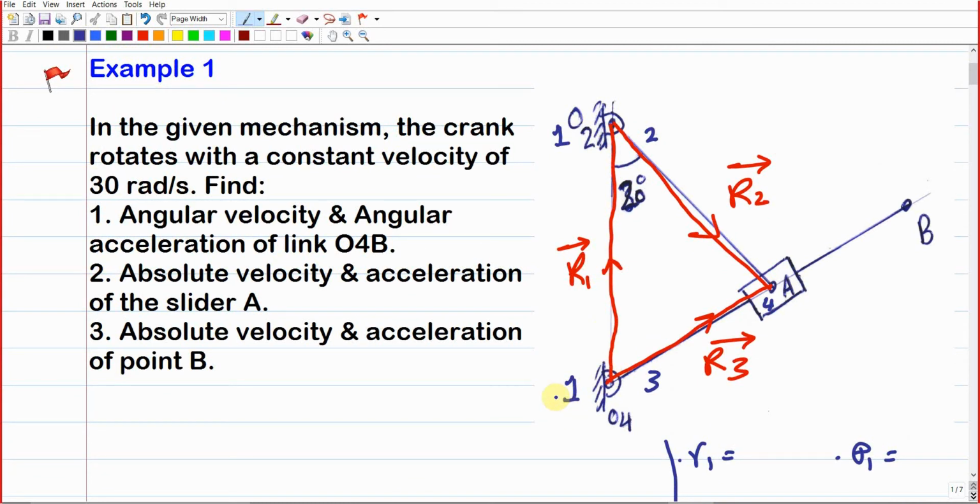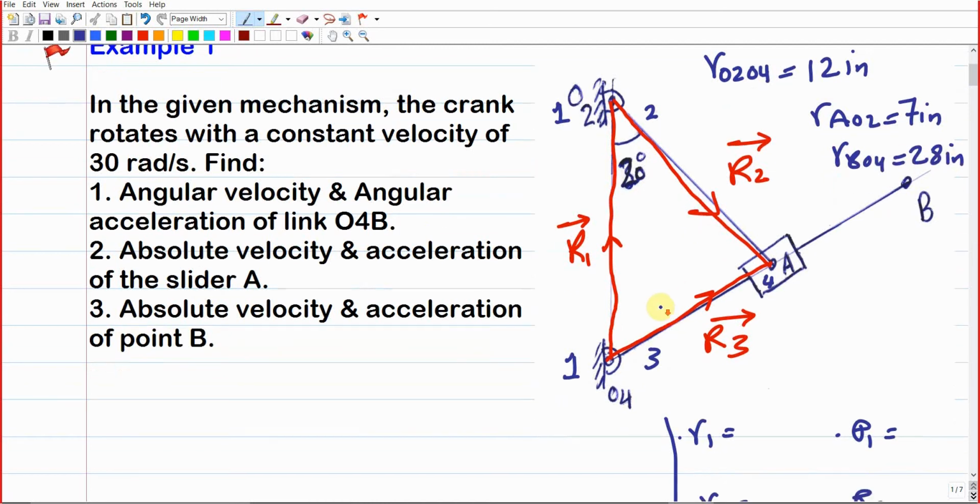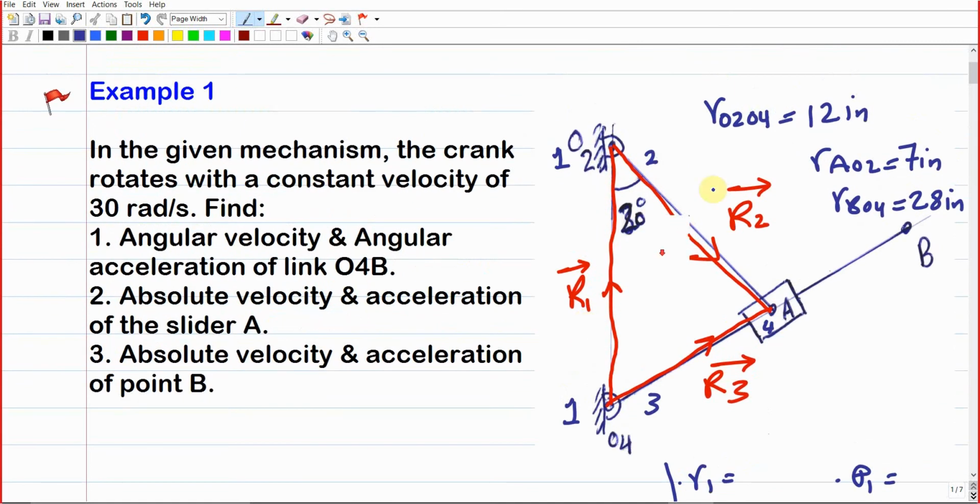In the given problem here, O2O4 was given as 12 inches in the homework, and O2A was given as 7 inches, while O4B was given as 28 inches.